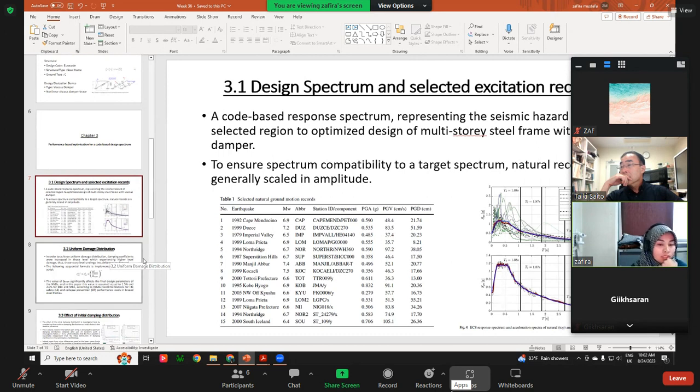One is to use the mean earthquake. He chose several types of earthquake, and then tried to optimize the earthquake to match the code spectrum. He used EC8 spectra, and from all these earthquakes, he tried to find the mean value for the time history analysis of the building.